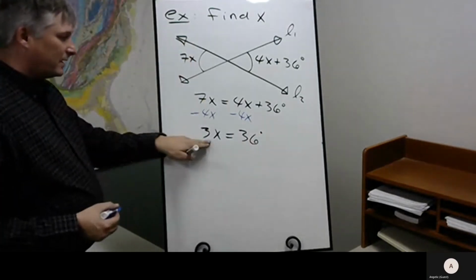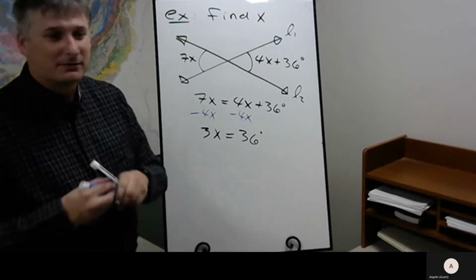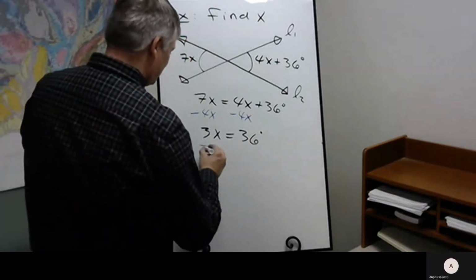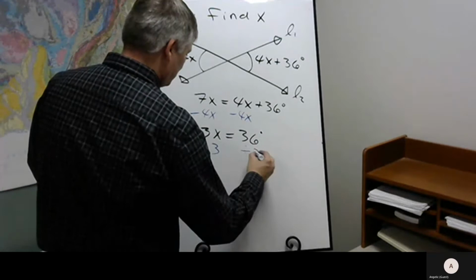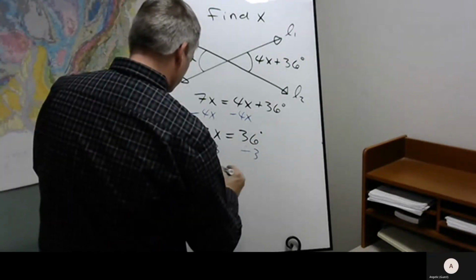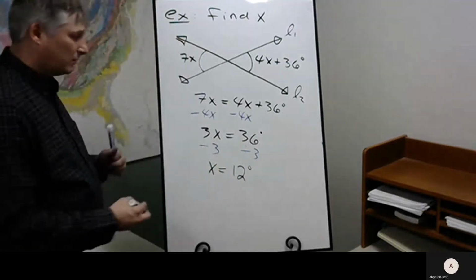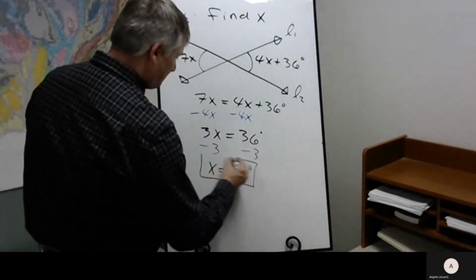So we're multiplying to get x by itself. We do the opposite of multiplying. We divide. And so we find that x is 12 degrees. So that gives us x.